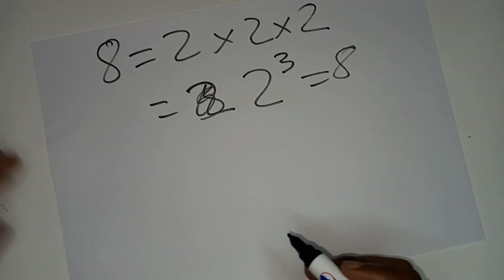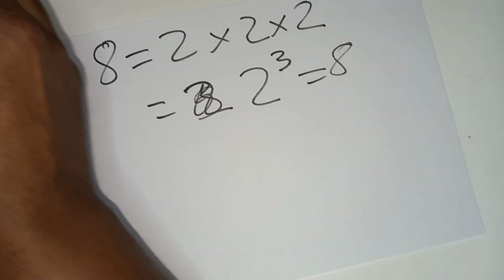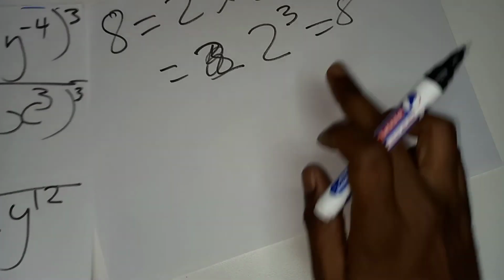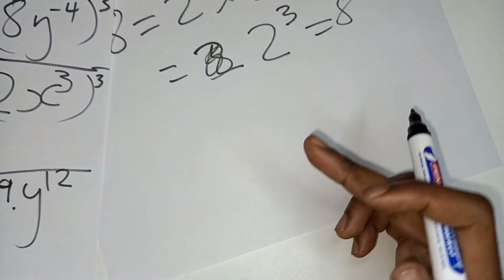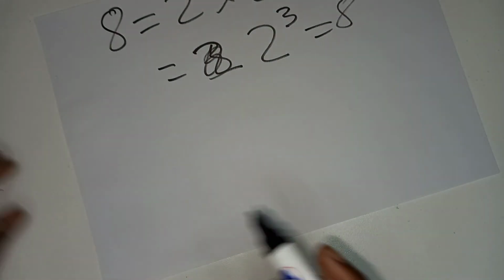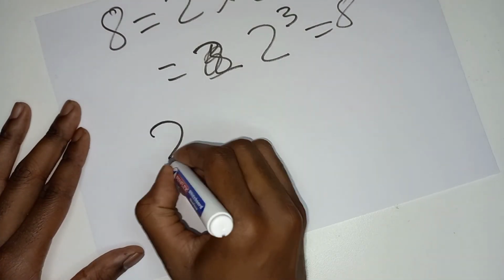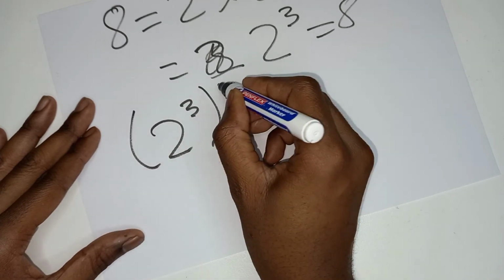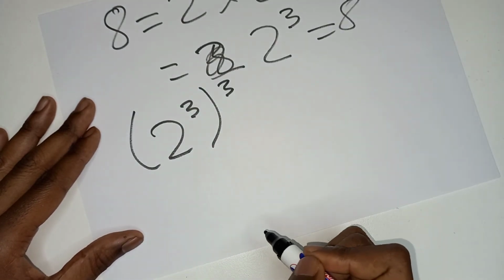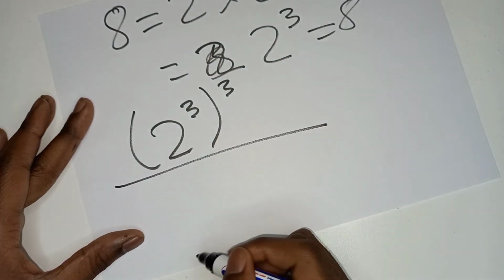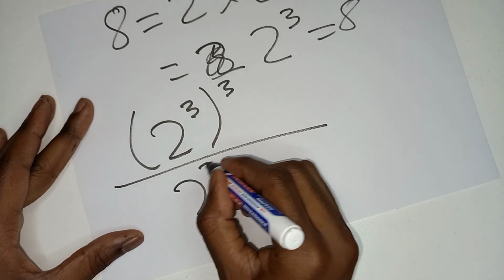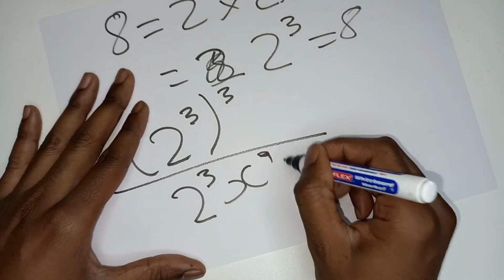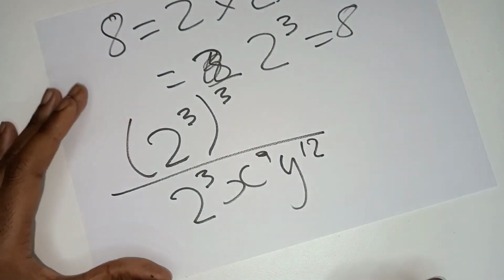Now I have 8 there, so I can write this 8 as 2 to the exponent of 3, and then I'll simplify from there. Here's what you get. It becomes 2 to the exponent of 3, but the 8 was already to the exponent of 3, so it becomes all to the exponent of 3, like so, divided by another 2 to the exponent of 3, x to the 9, y to the 12, like so.